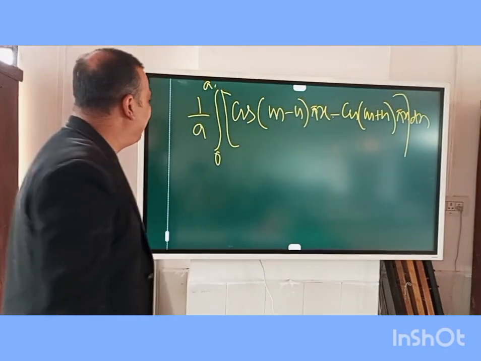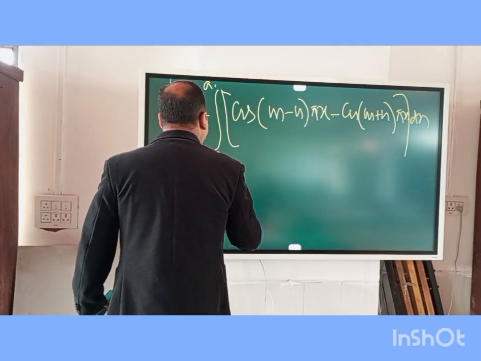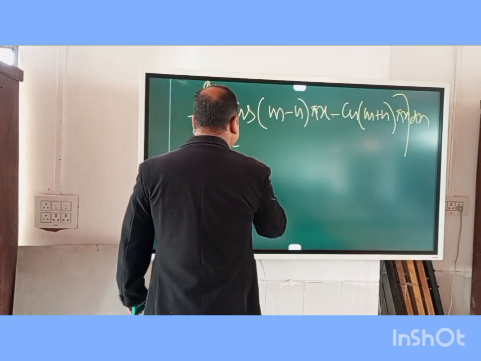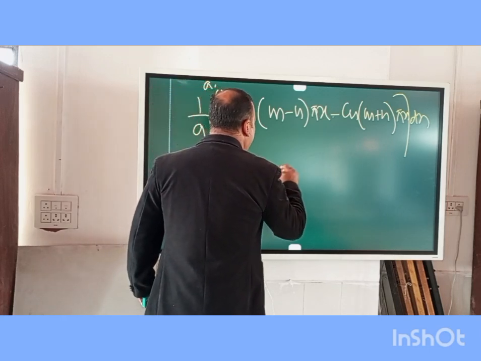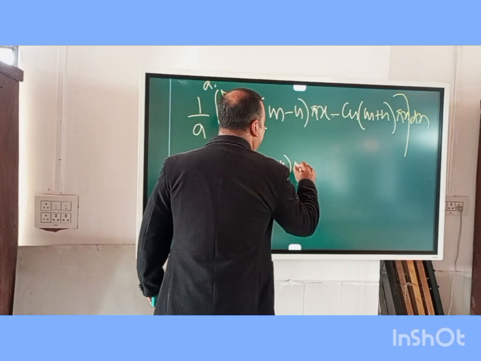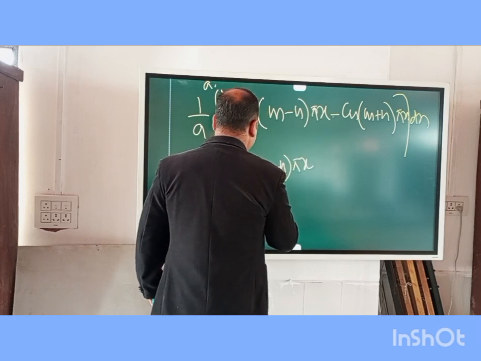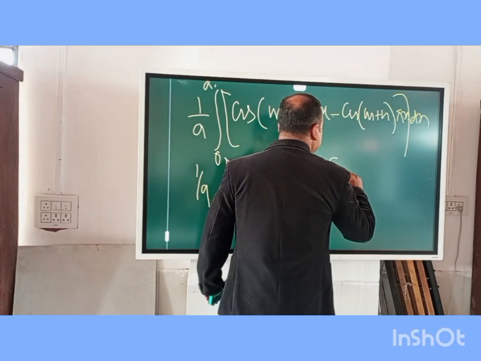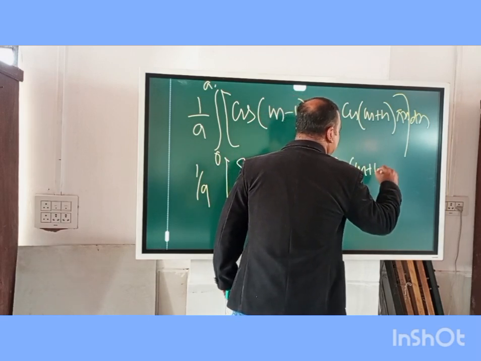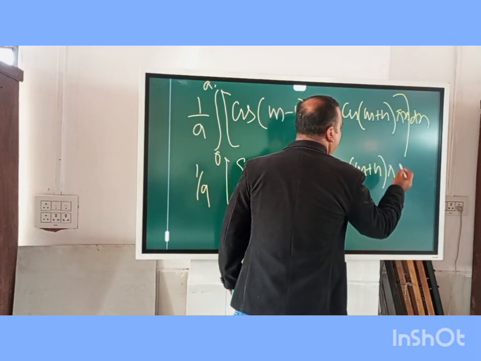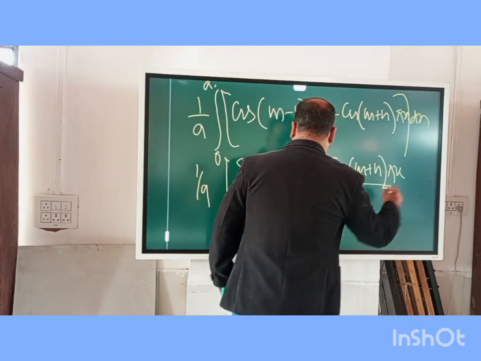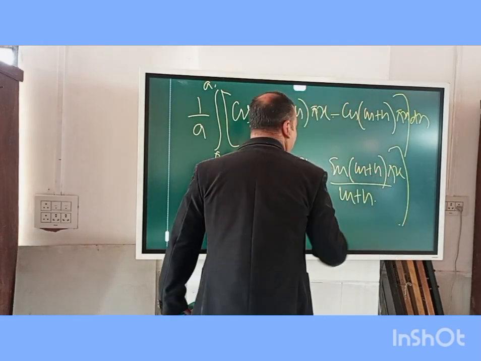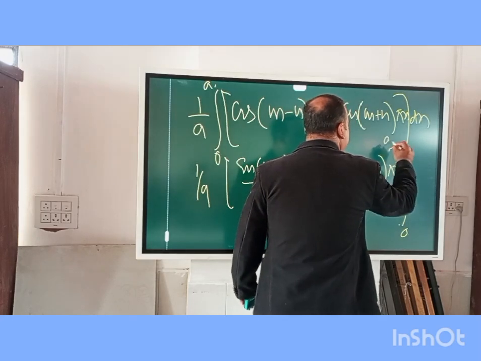Integrate it, so 1 by a, you will have sine (m minus n) pi x by (m minus n) minus sine (m plus n) pi x by (m plus n). The limit of the integration is from 0 to a.